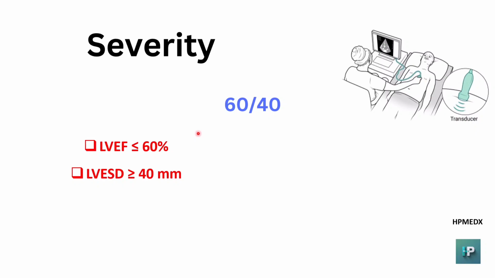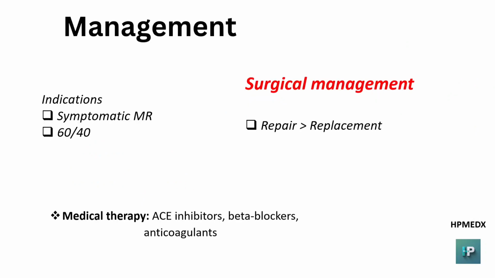So if it is normal or decreased, it is considered as severe. And if the left ventricular end systolic dimension is more than or equal to 40 millimeter, it is considered as severe. And here we see management.